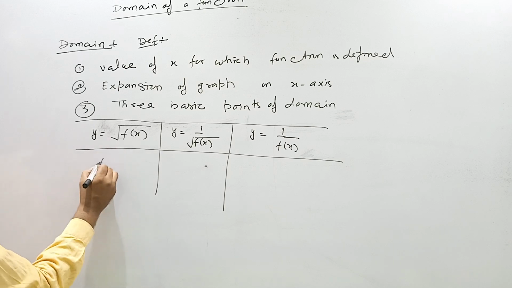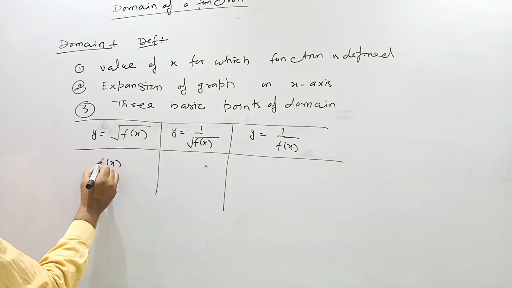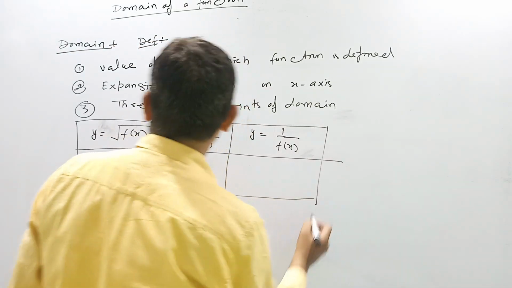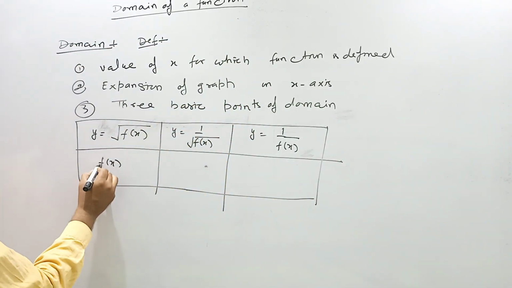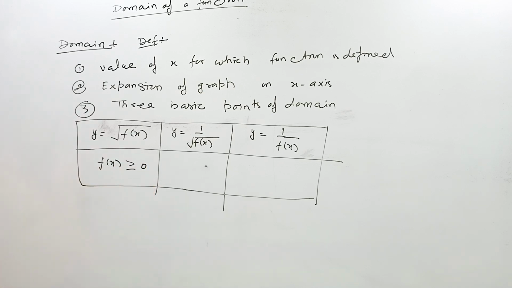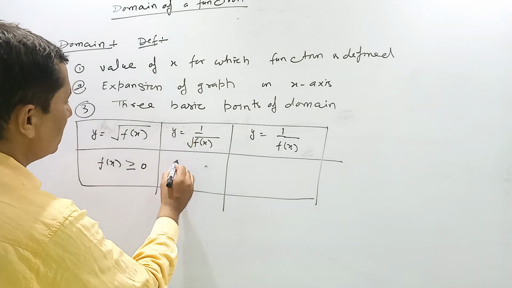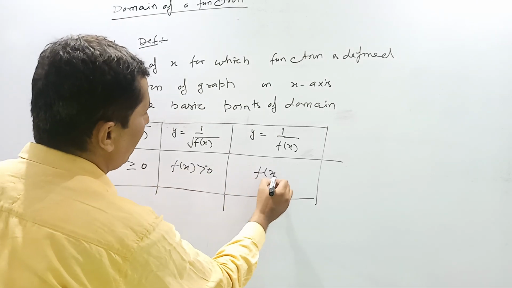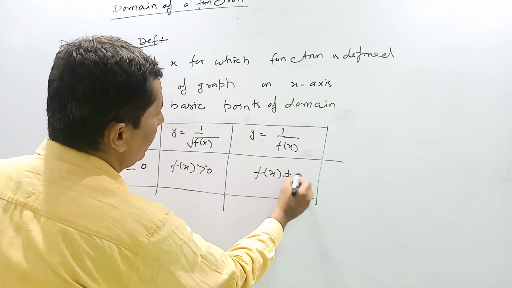In this case, domain lies on these points. If under root f(x), domain is possible when f(x) is greater than and equal to 0. In this case f(x) greater than 0, in this case f(x) is not equal to 0.